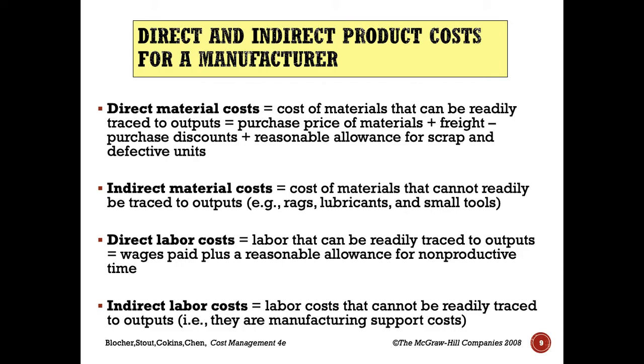For example, if a part is stamped from strip steel, the material loss in the stamping is ordinarily included as part of the product's direct material.